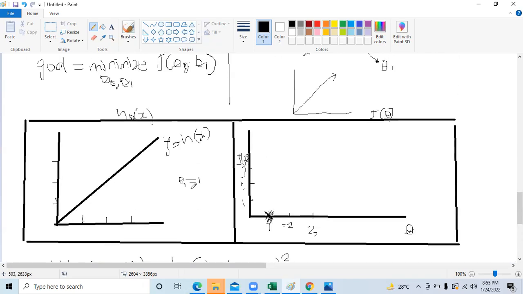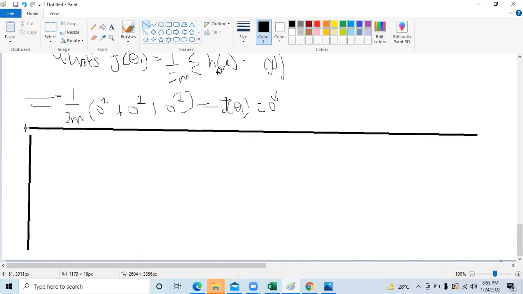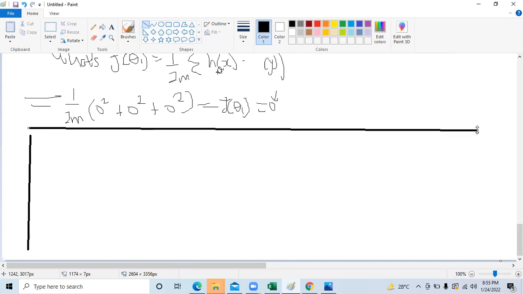What if theta 1 were equal to 0.5 instead of 1? Let's see how that's going to work out for us.